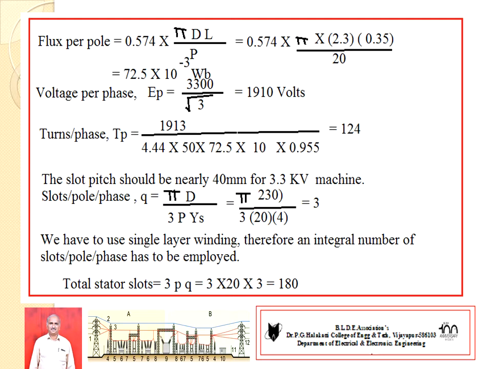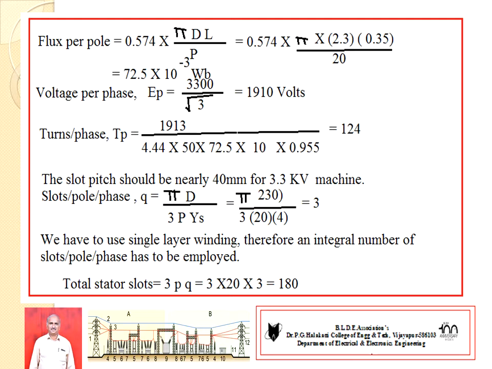Hence, we have to determine slots per pole per phase, Q. This Q equal to pi D divided by 3 P into Ys, where P is number of poles, Ys is slot pitch. Here one thing, the diameter D and slot pitch should be of the same units.